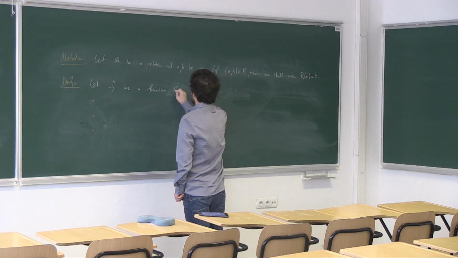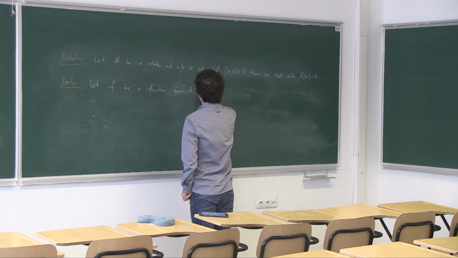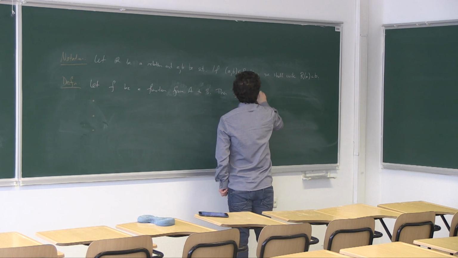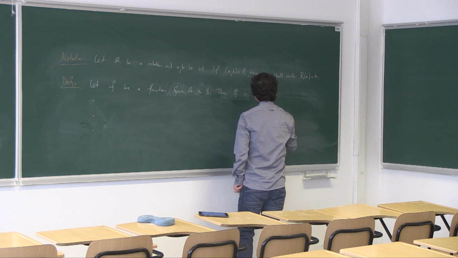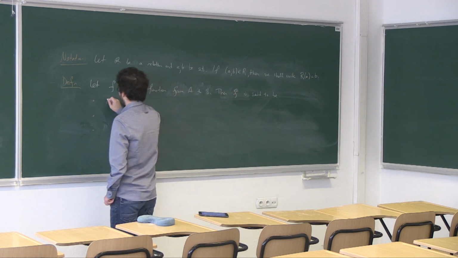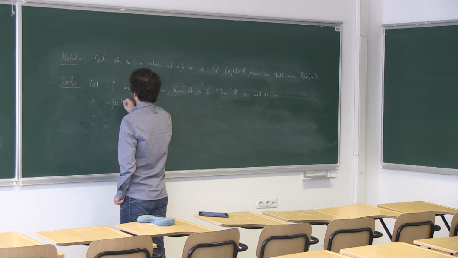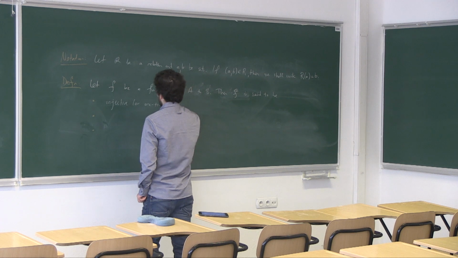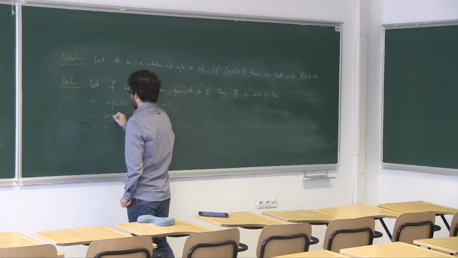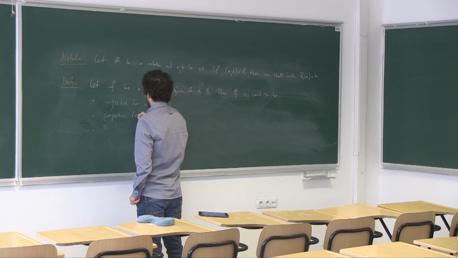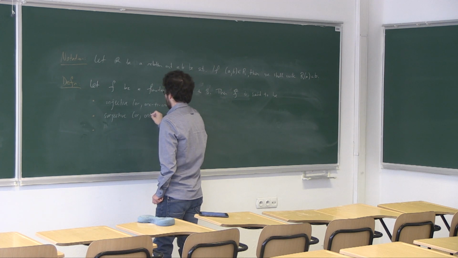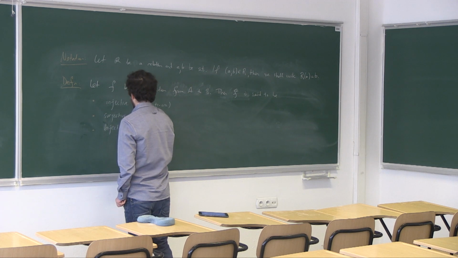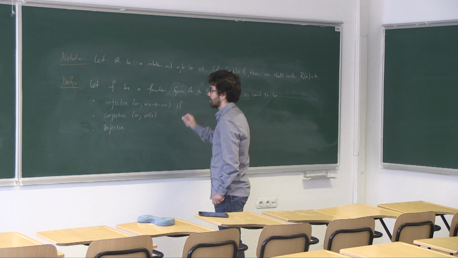Sorry for this. Then f is said to be injective or one-to-one, surjective or onto, and bijective if the following happens.